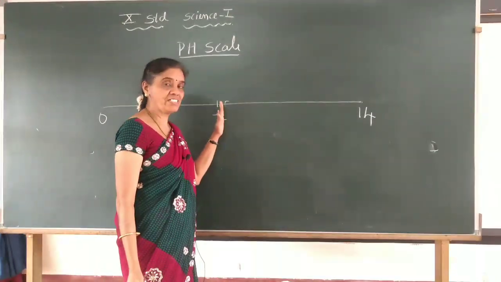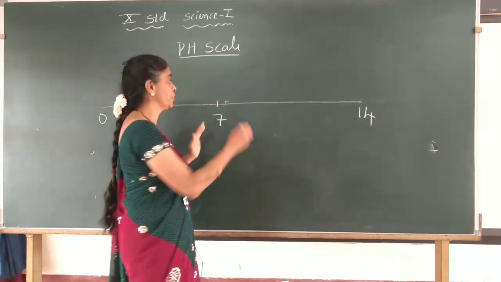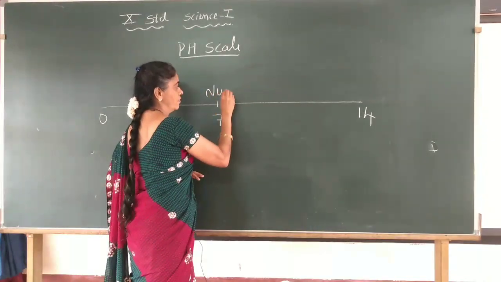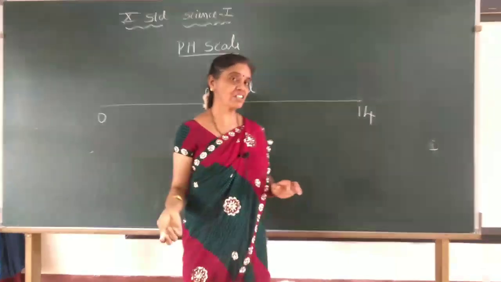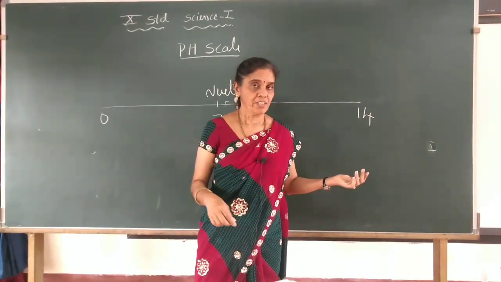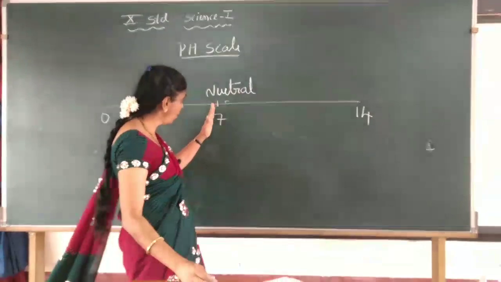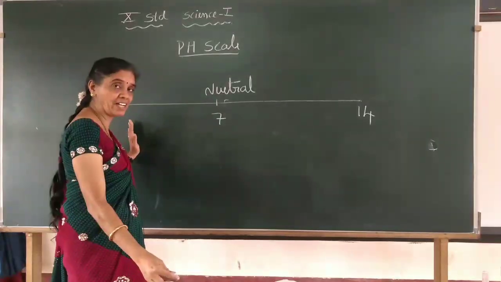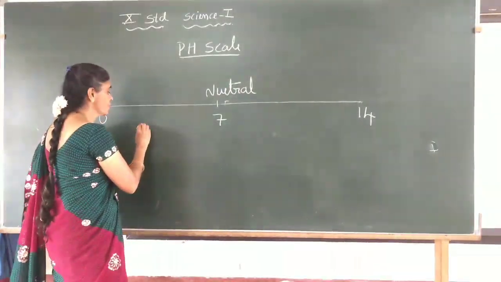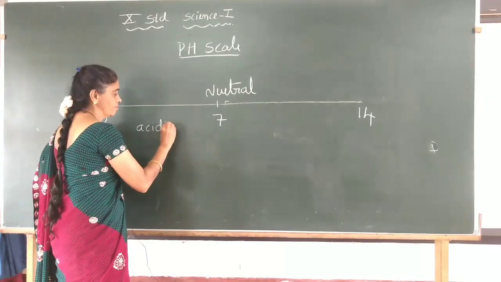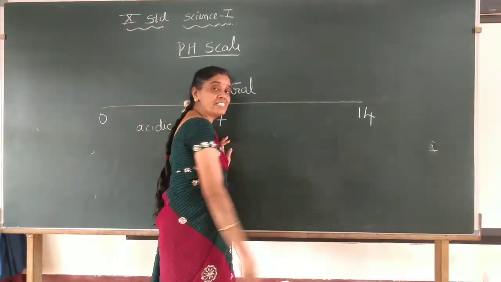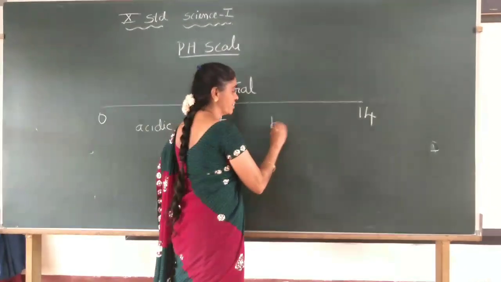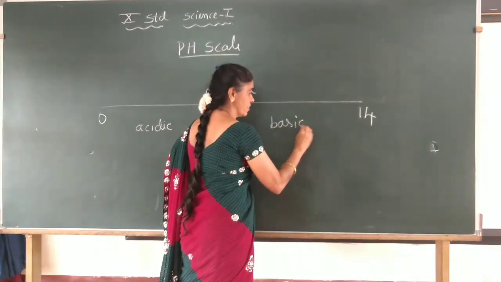The number 7 in the pH scale indicates it is neutral. The solution is neutral, not acidic and not basic. If you come below the number 7 in the pH scale, it indicates the solution is acidic. And if the pH value is greater than 7, it indicates it is basic in nature.